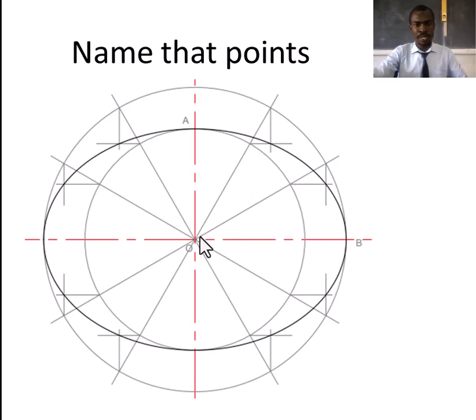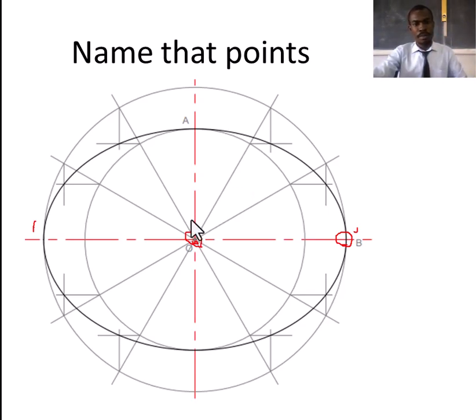The center of the ellipse, name it O. Then where the ellipse passes the major axis, or the furthest point from the center of the ellipse to the circumference of the ellipse, name that as point B. It doesn't matter whether you put it on the right or on the left, it's still the same thing.